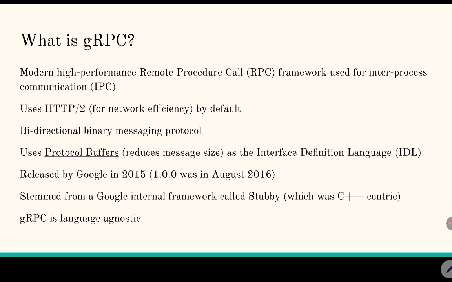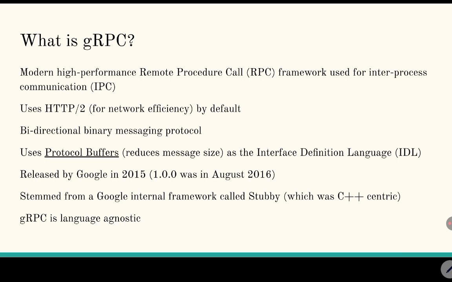When Google wanted to open source this technology and make the wider community start using it, they considered various options, and soon understood that they could not release Stubby as it was at the time.